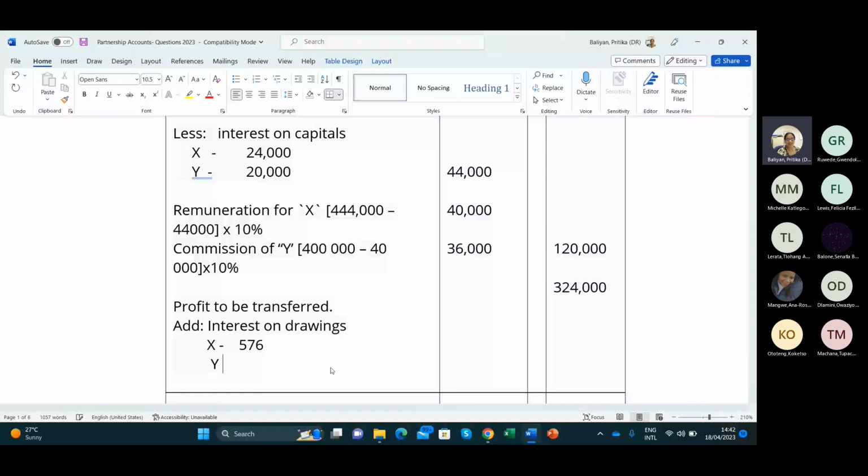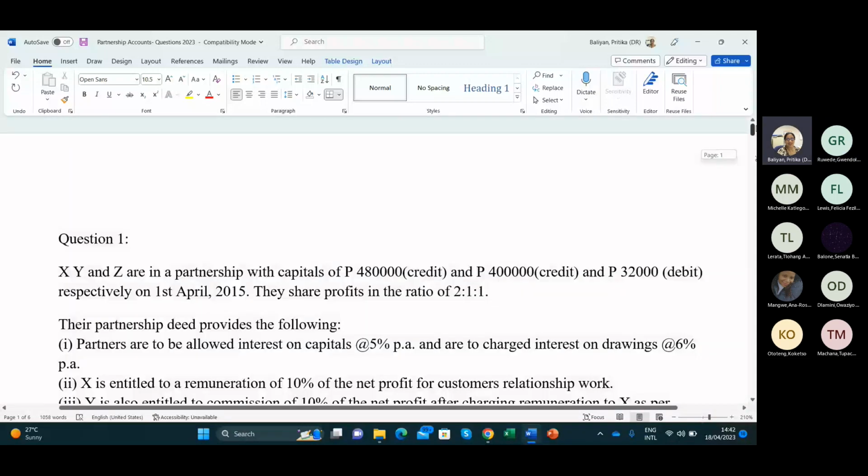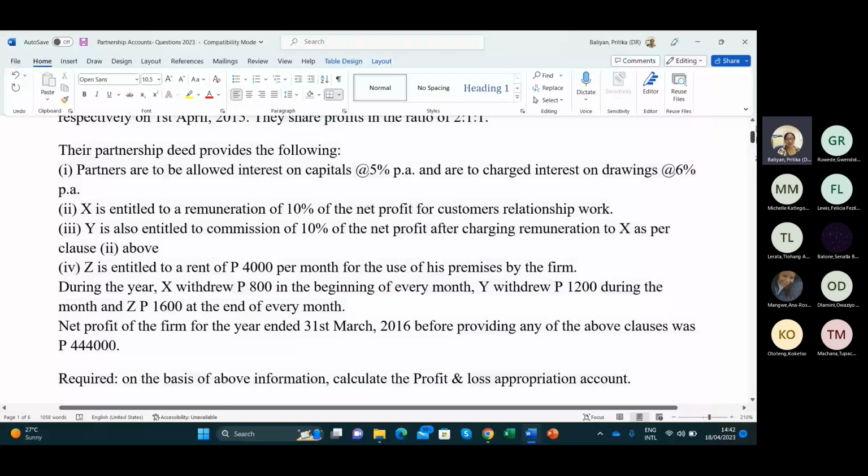How much for Y? Y withdrew how much? He withdrew 1,200 per month. 1,200 during the month. So it means that in January he withdrew at the middle of January, then middle of February, March, April. So how many months?